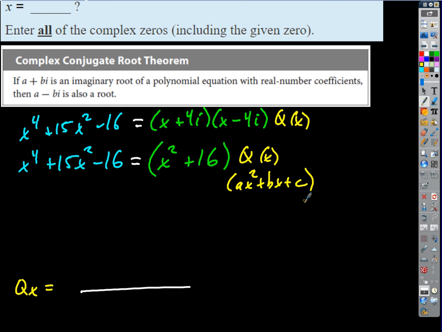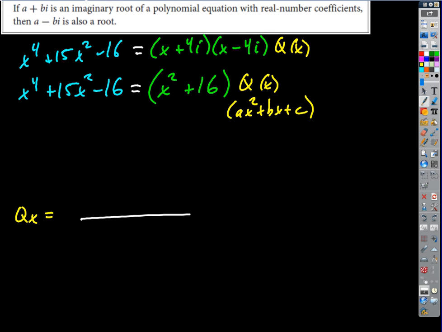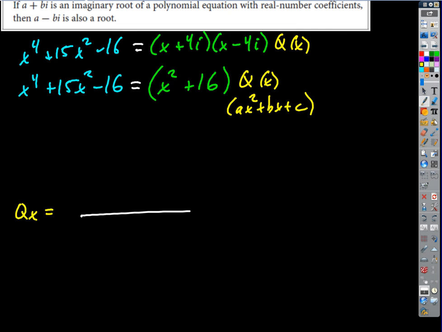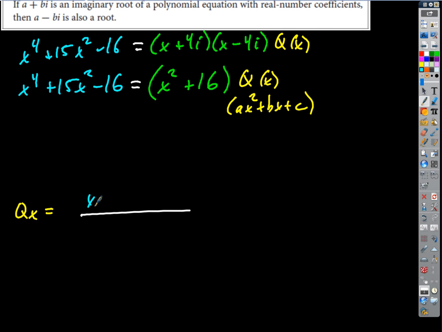When I multiply these out, if I distribute the x squared, I'm going to get an x to the fourth, which is my biggest power of x. It has to be, because I've got an x to the fourth here. Everybody see that? Okay? So then q of x is just going to equal x to the fourth plus 15x squared minus 16 divided by x squared plus 16.